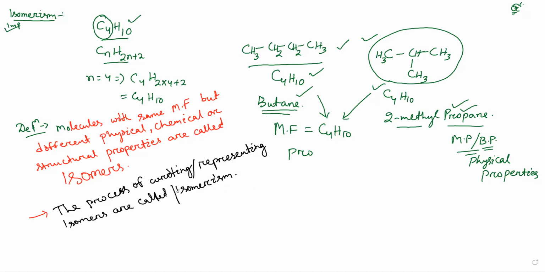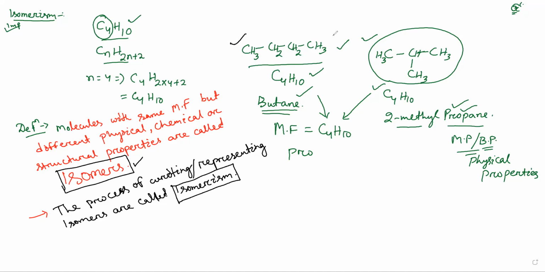The process is called isomerism, and the compounds which have the same molecular formula with different physical, chemical or structural properties are called isomers.